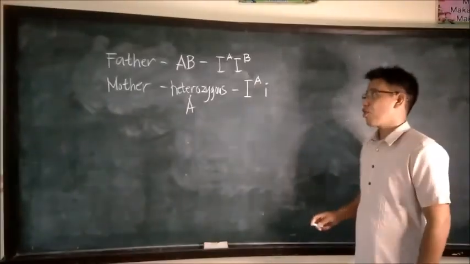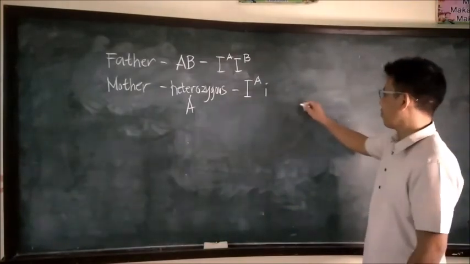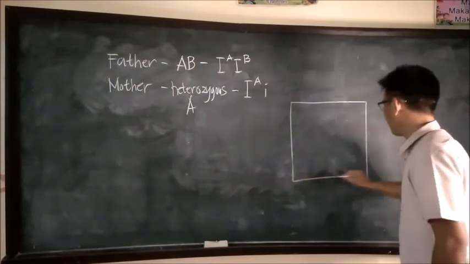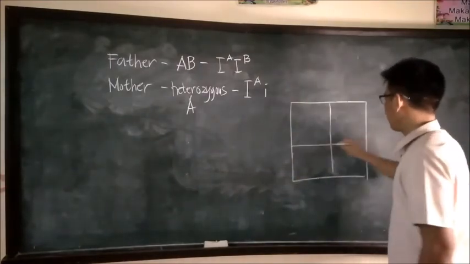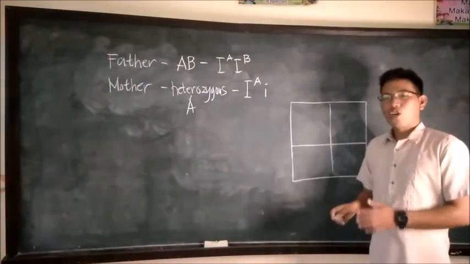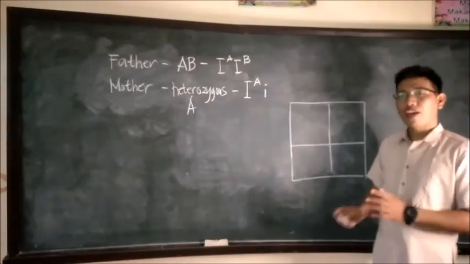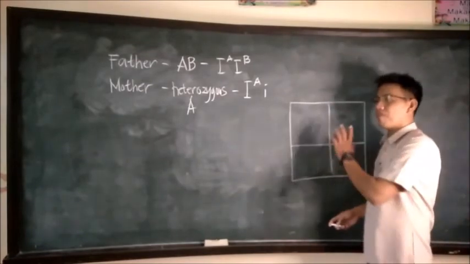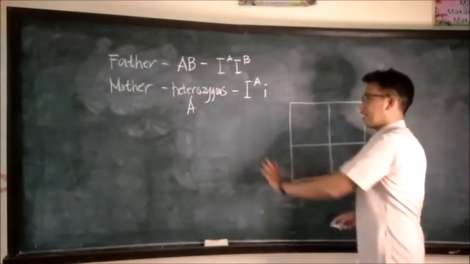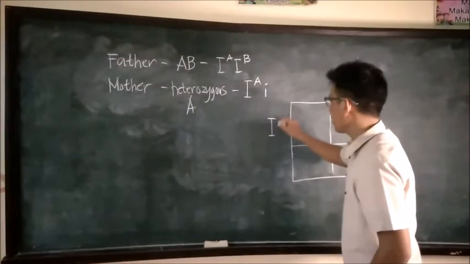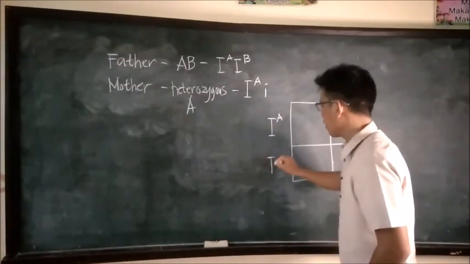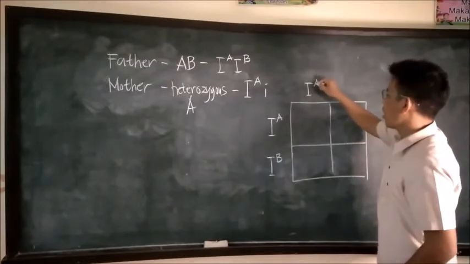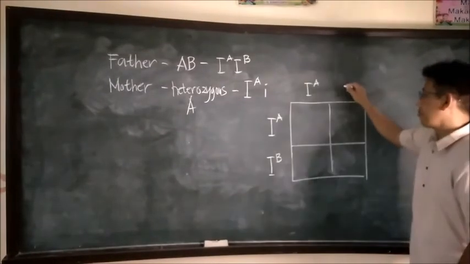The next step is to make your Punnett square, and you're going to decide where to put the genotype of the father and the mother. Let us put the genotype of the father at the left side: IA, IB, and the mother's: IA and small letter i.